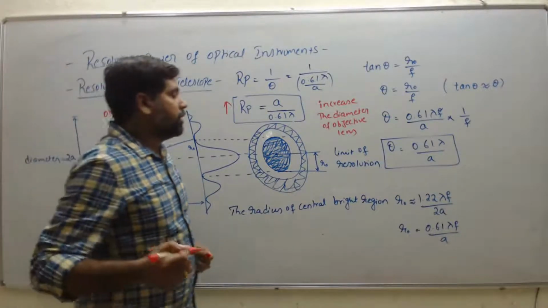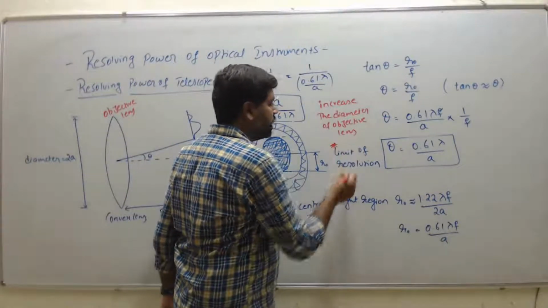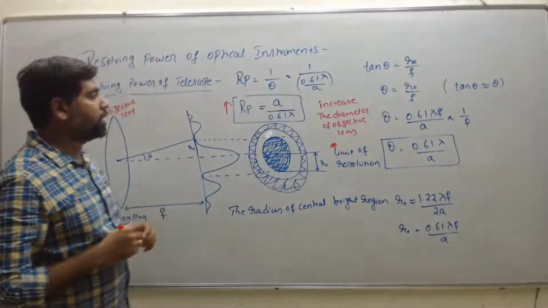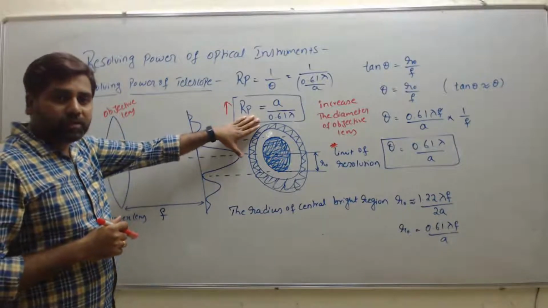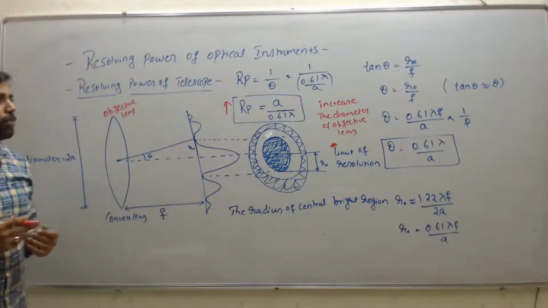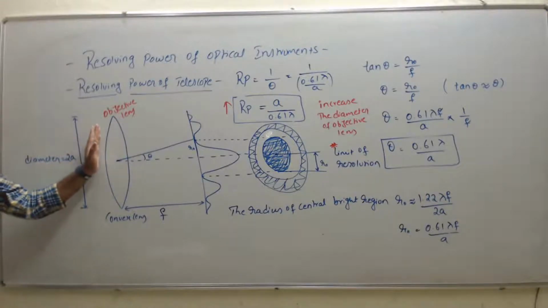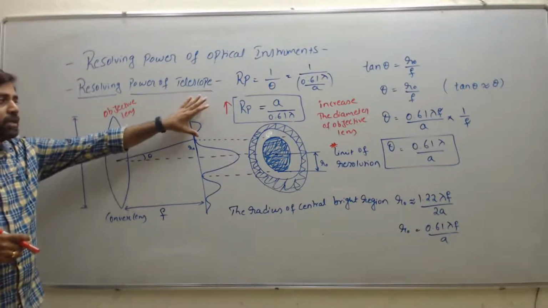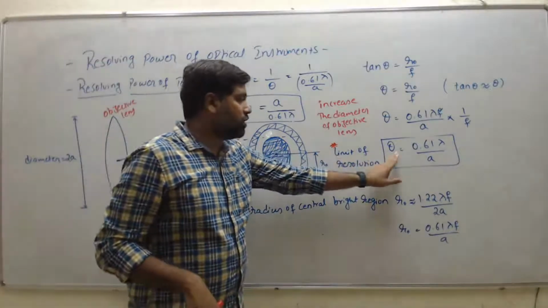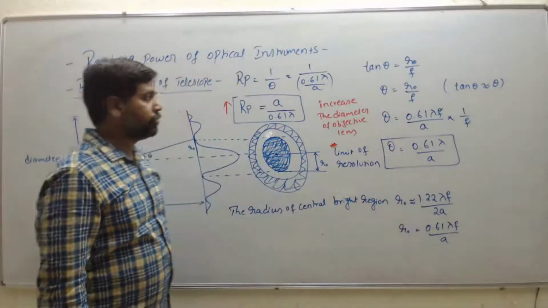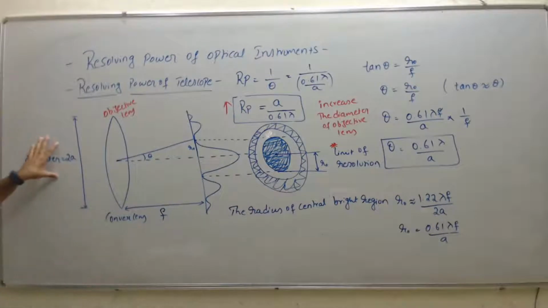In that we find the limit of resolution, and then we find the resolving power of the telescope, right? The main purpose is to distinguish two stars which are closely separated, so here we are considering the angular separation theta, right?